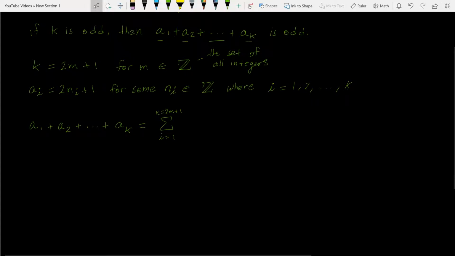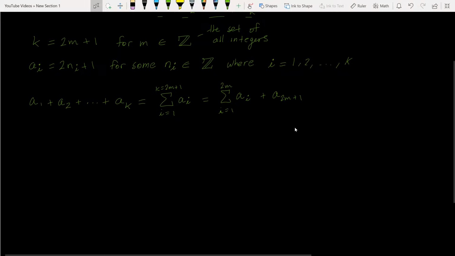And we're summing a sub I. Now, since we're summing to 2m plus 1, let's remove that last term, and we'll split it up into a summation from I equals 1 to 2m of a sub I, plus a sub 2m plus 1, because this goes all the way to 2m, and then this goes to the 2m plus 1, which is the kth term.